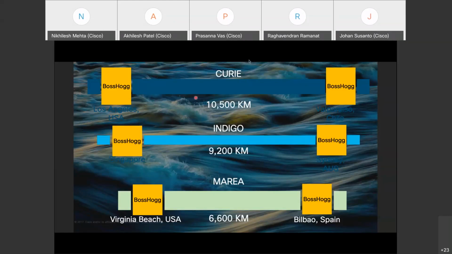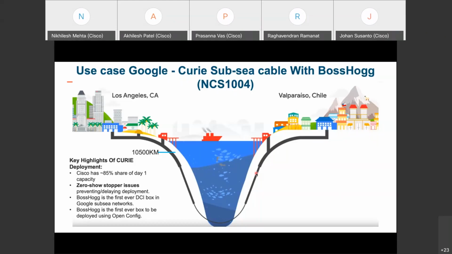We have other cables like Indigo, that is a cable in Singapore, and Marea, that's another cable from the USA, California, Los Angeles to Bilbao, Spain. There also Cisco NCS 1004 Boss Hog is deployed and being used. So these are different use cases with NCS 1004.